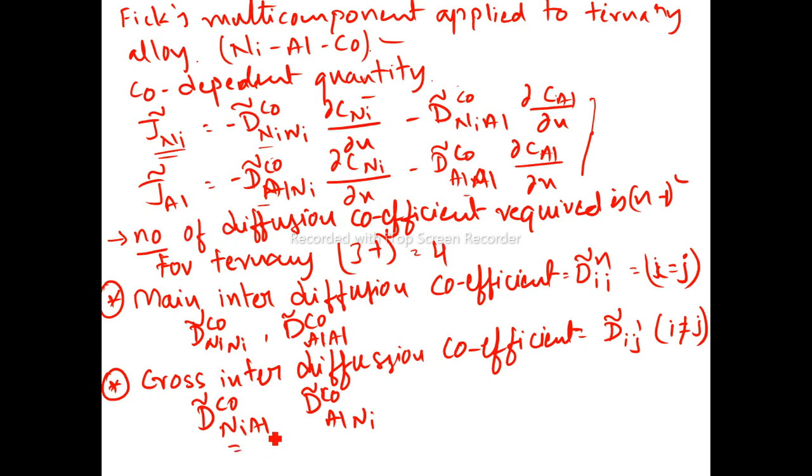Here it tells how the concentration gradient of aluminium affects the flux of nickel, whereas the opposite case is that of aluminium. Okay, this is the cross interdiffusion coefficient and the main interdiffusion coefficients.